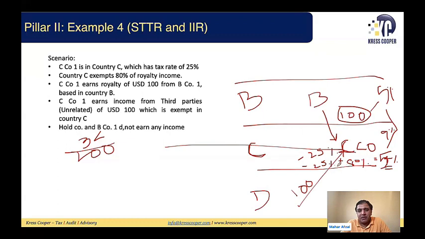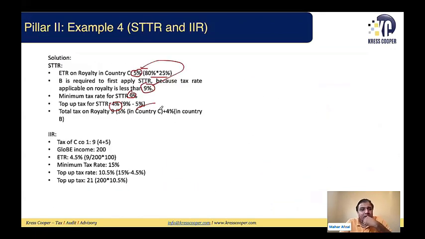So 80% of 25%. ETR on reality in country C is 5%.